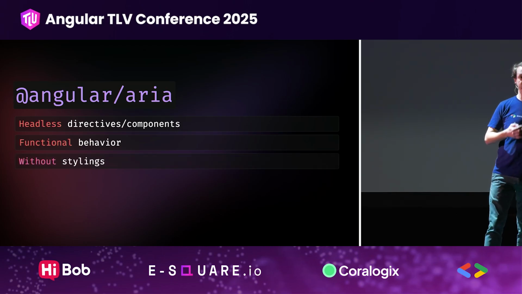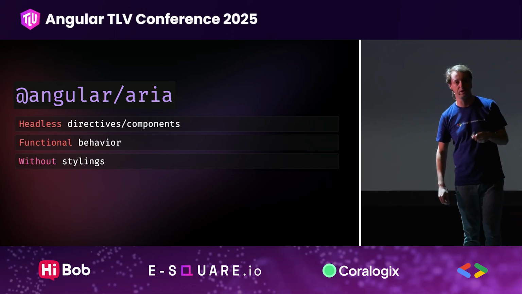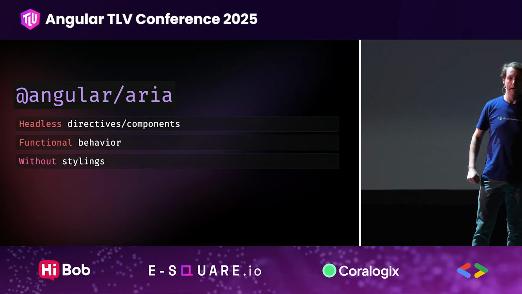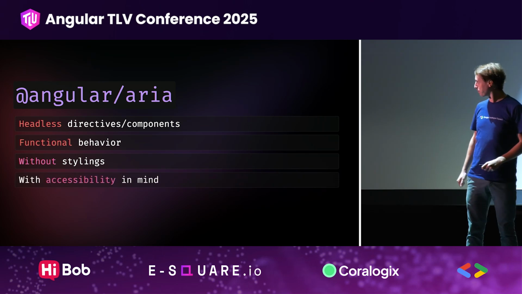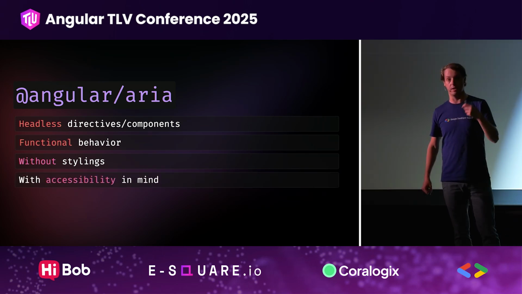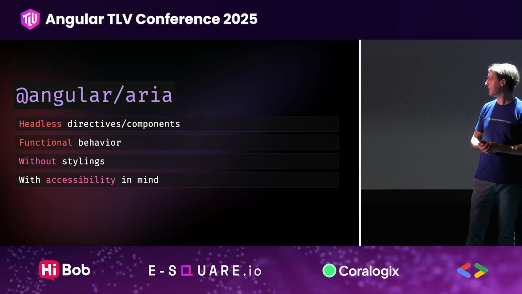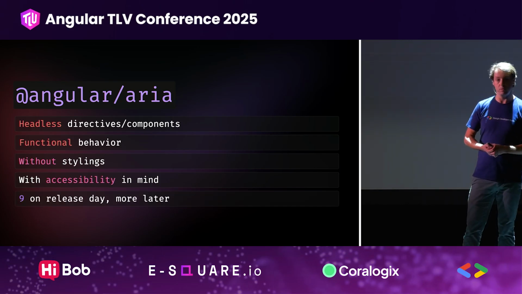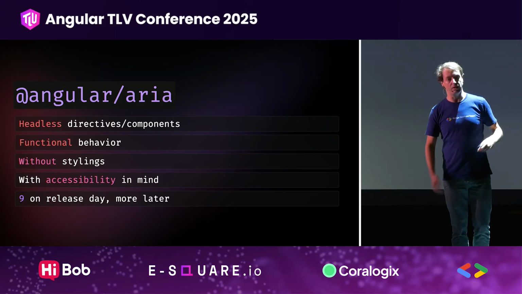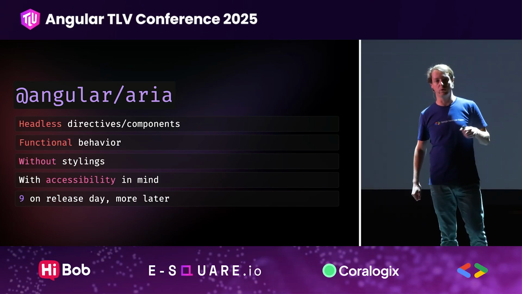So you can finally have some components that just work and bring your own stylings without having to tweak the Angular Material components. And of course, with this, we're going to bring additionally the accessibility that you didn't have with the bases that you had on the CDK. On release day, we're going to have a set of 9 different components and directives, and later on, we'll add some more to that list.